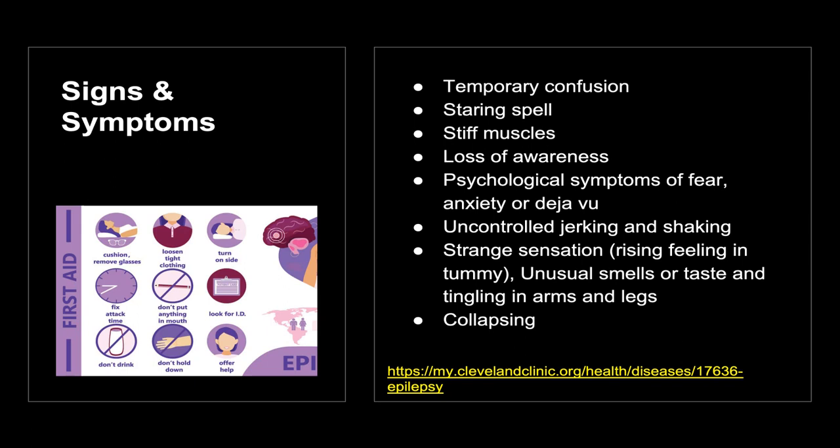Before getting an epileptic episode, people start experiencing strange sensations such as rising feeling in the tummy, unusual smell or taste, and tingling in arms and legs. And the information was found through the website linked down below.